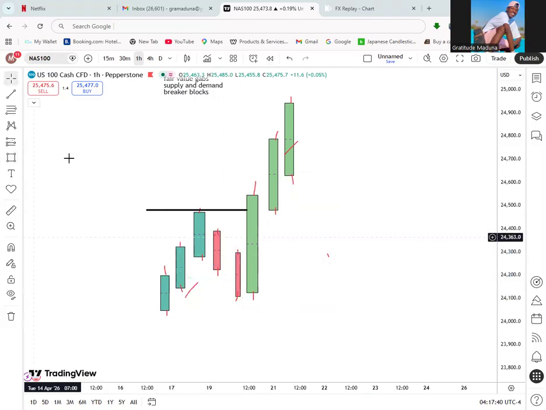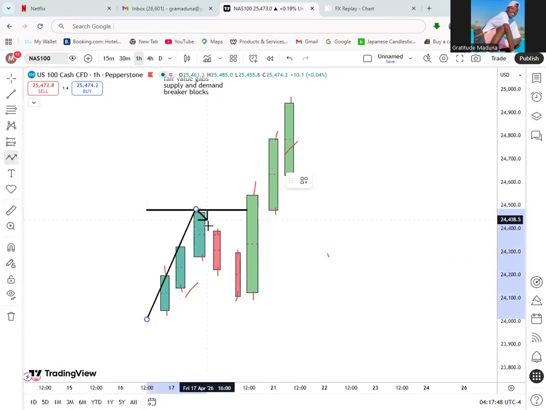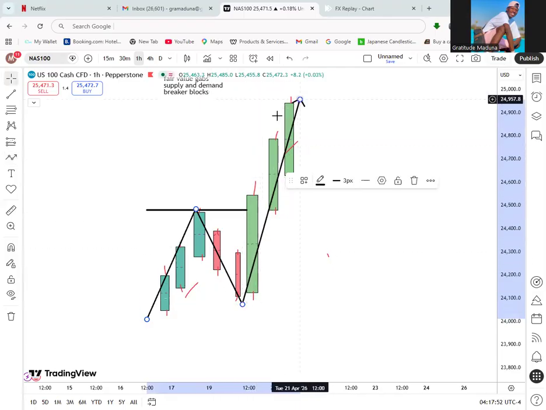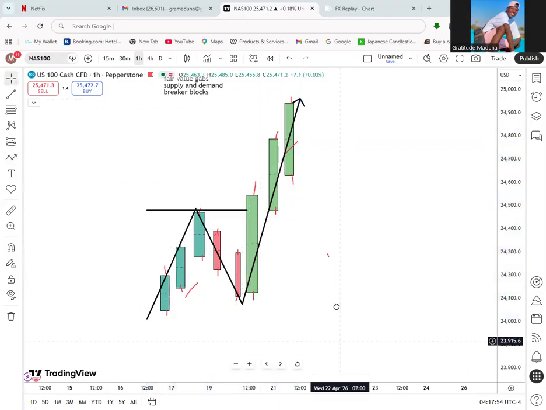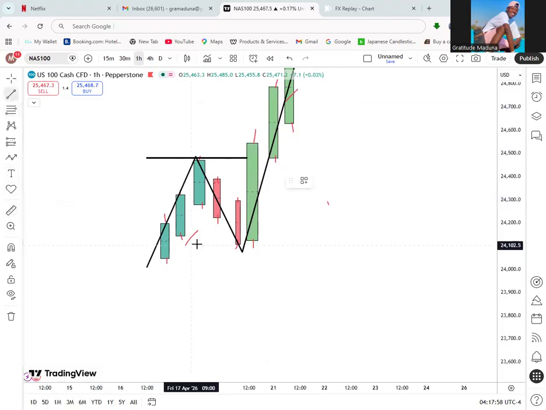So if the market is moving, we're in an uptrend, right? We spotted our trend, we spotted everything. We're pushing upwards, and then we create this reversal, and then this low point breaks structure, right? We look at the low that broke the structure, which in this case is this low here, right?